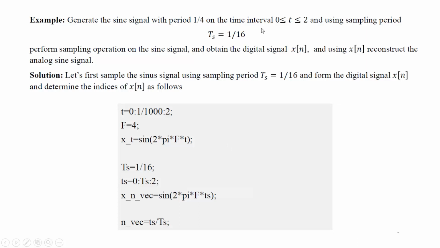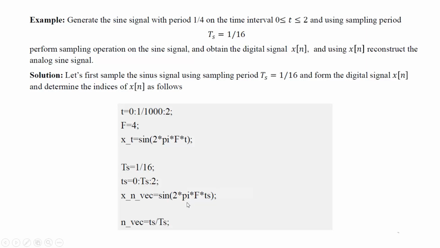Now Ts is the sampling period given, which is 1/16. I need a time vector from 0 to 2, which is the time interval given, with Ts as the sampling period at which we need to take the samples. So we create a time vector with step size equal to the sampling period, and xn_vec is my digital signal that I will get from sin(2 pi f nTs).